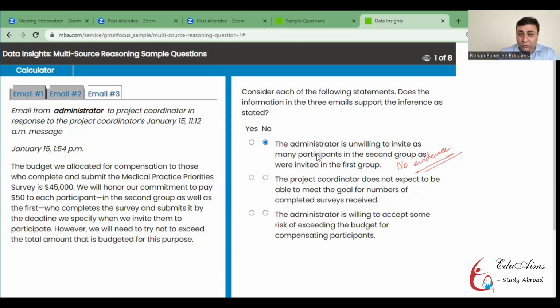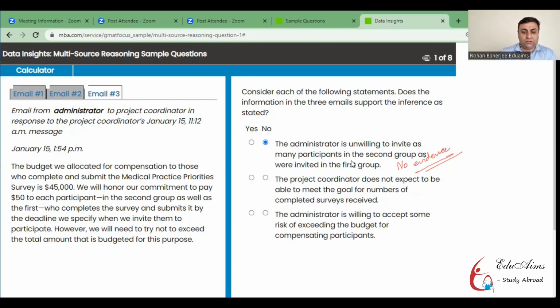See, we have come to this conclusion through assimilating information from email 1, email 2, and email 3. Okay, let's look at the second one. The project coordinator does not expect to be able to meet the goal for numbers of completed surveys received.